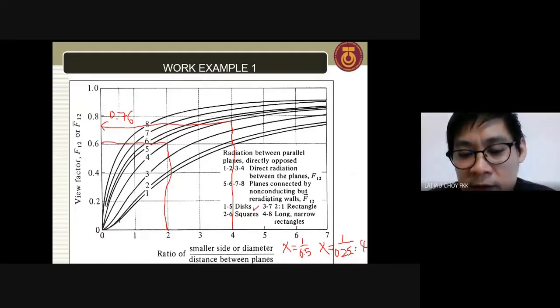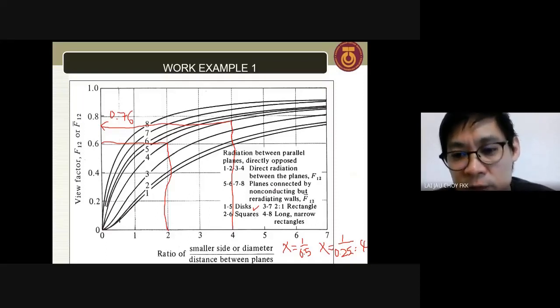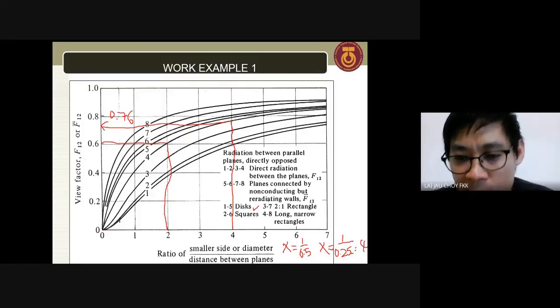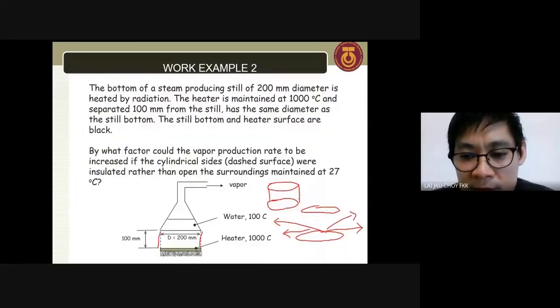Non-conducting, meaning insulated, meaning that the heat will not be released to the outside. Non-conducting but re-radiating walls, so this is the situation, meaning the radiation will be reflected, either back to surface 1 or to surface 2.